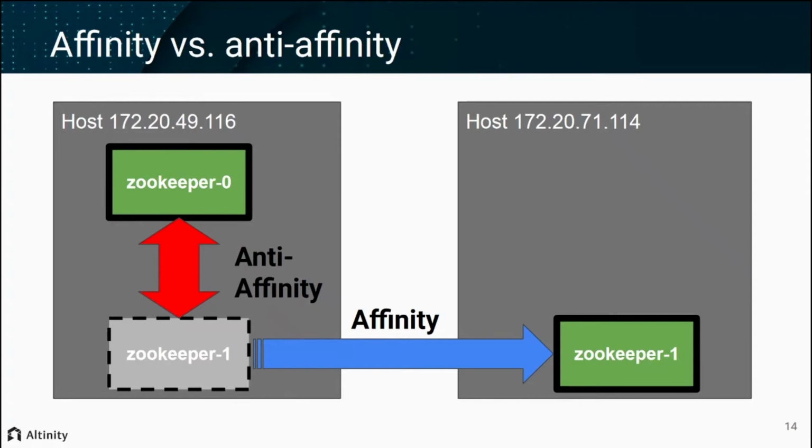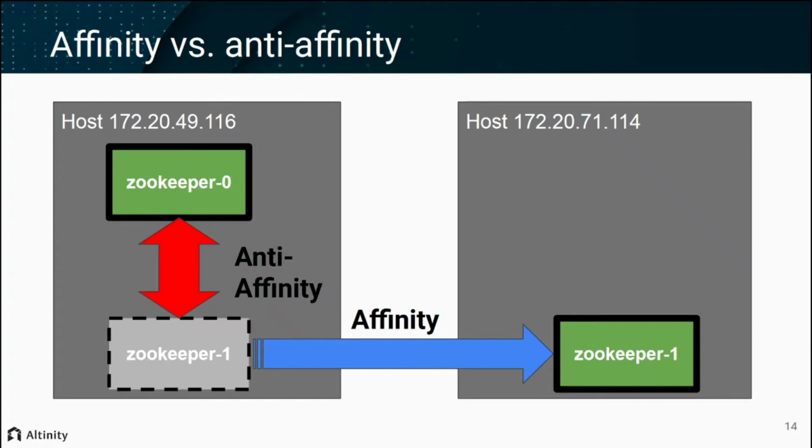So here's a very simple example that illustrates affinity as well as its opposite, which is anti-affinity. In this particular picture, we have a couple of Zookeeper pods. Zookeeper is a very popular distributed directory service that maintains consensus across a number of nodes. It's used for things like leader election, as well as holding distributed logs, anything where a series of processes need to agree on what the state of things is. It's really important with Zookeeper to have the nodes separated so that a failure will not take all of them down.